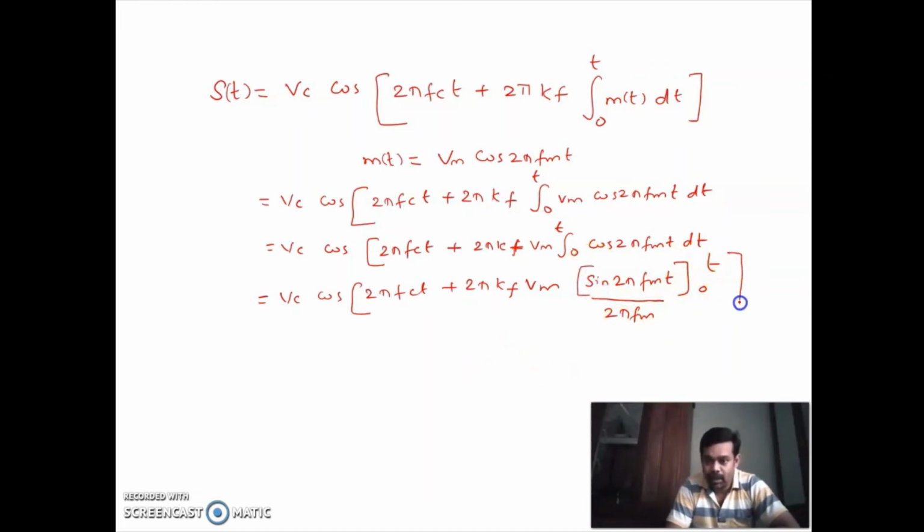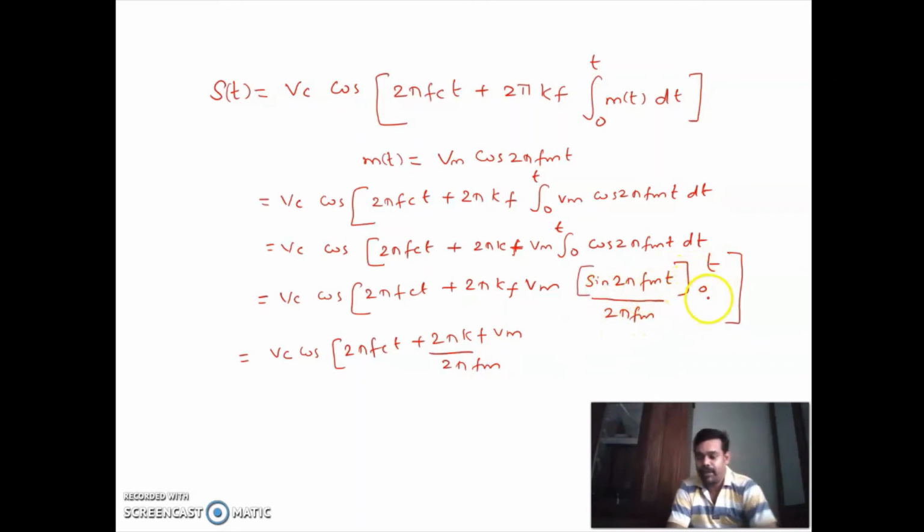So we get Vc cos 2 pi Fc t plus 2 pi Kf Vm divided by 2 pi Fm, times sin 2 pi Fm t minus sin 0.